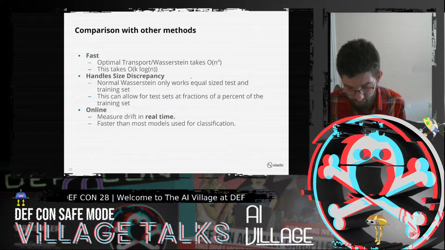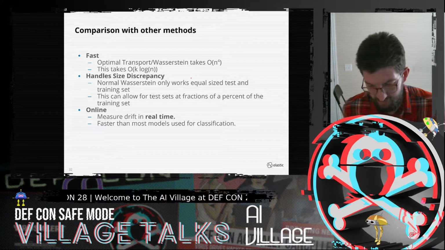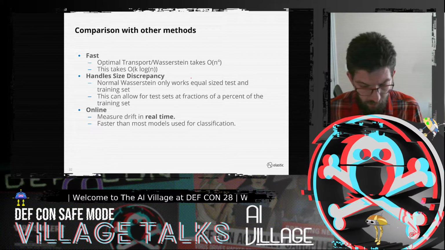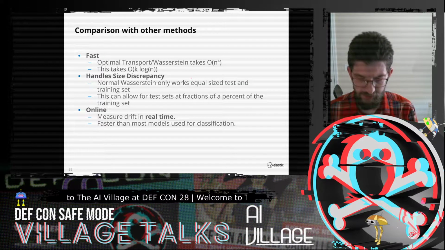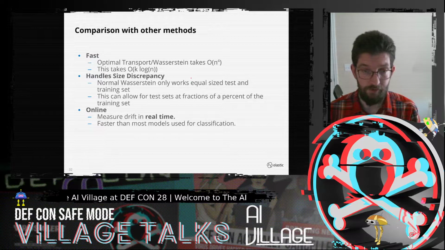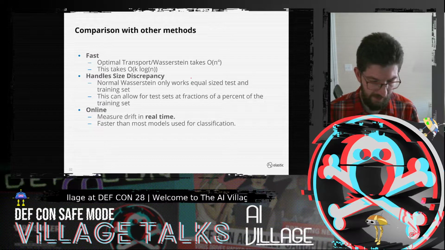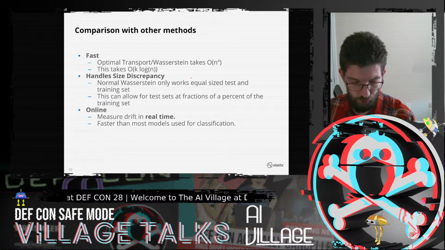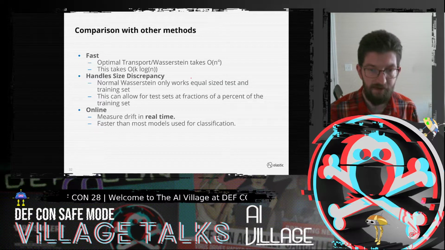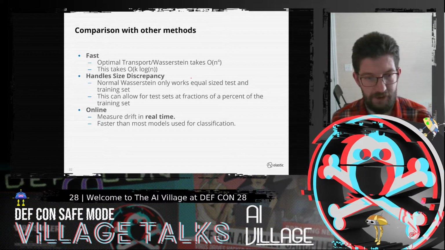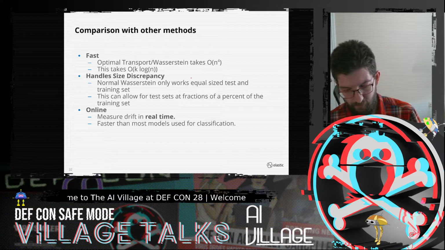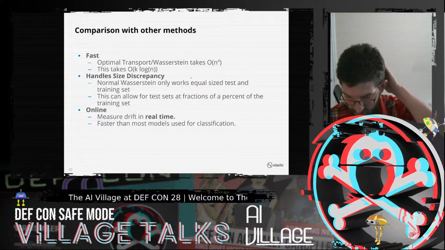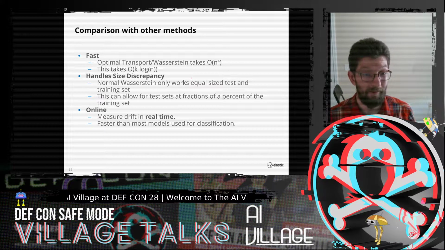So to compare it to prior methods, there are a bunch of ones out there, but the one that's traditionally used to take the divergence between 2 point clouds is the Wasserstein metric, and it's using optimal transport. There's a whole bunch of other ones, but to me, the Wasserstein one is the one that this method compares to the best.